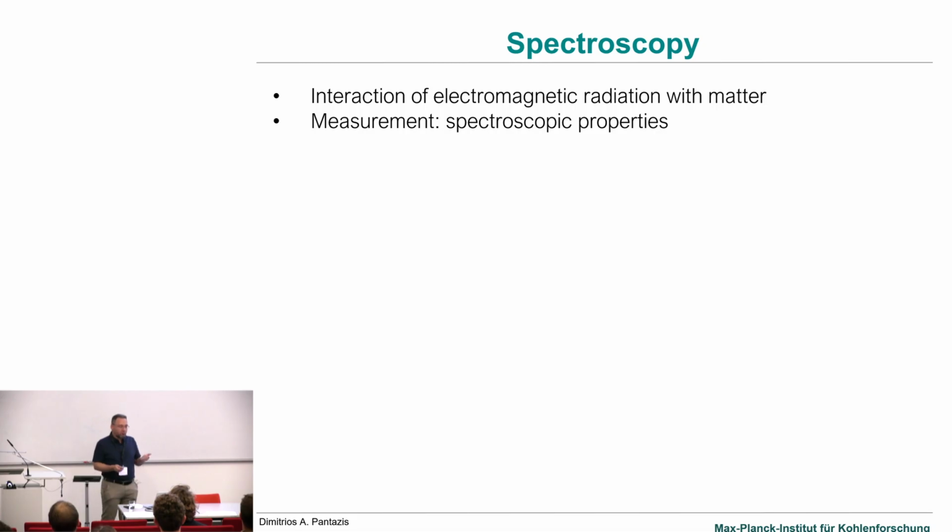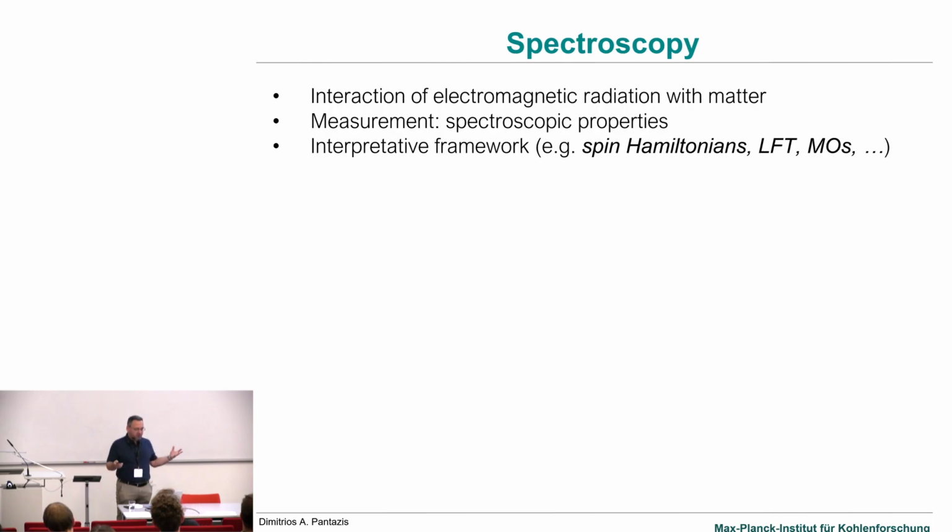So I suppose you know what spectroscopy is. In most of the cases we're talking about interaction of electromagnetic radiation with matter. We measure this interaction, we try to understand this interaction, we have some observables. Sometimes we use them as they are, sometimes we do something with the data, and then we extract specific parameters.